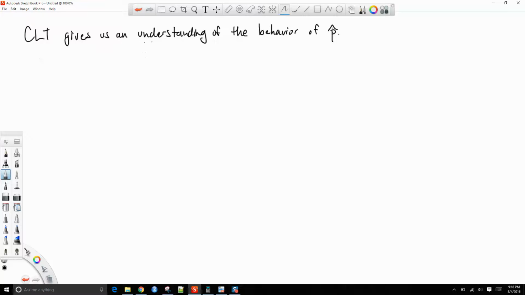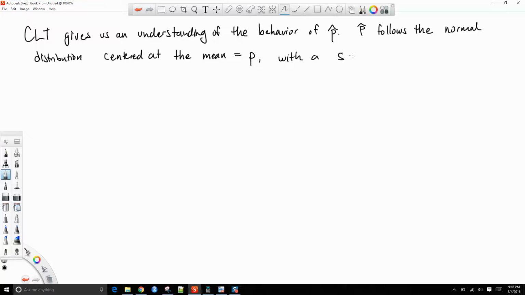So p hat follows the normal distribution centered at the mean p, with a standard deviation equal to the square root of p times 1 minus p over n.